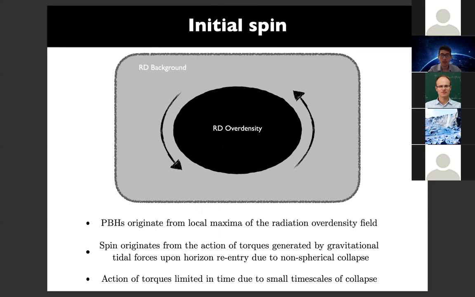However, since we are in radiation domination, the time of collapse is expected to be very small due to the presence of the radiation pressure, and therefore the action of these torques is actually quite limited in time.